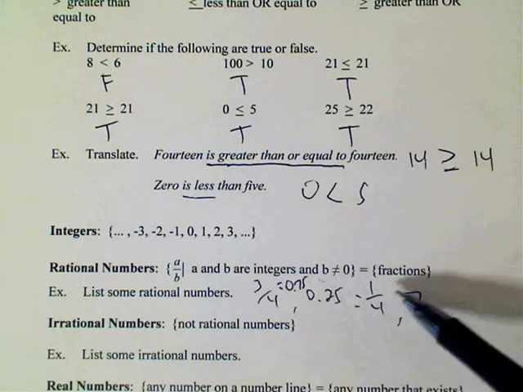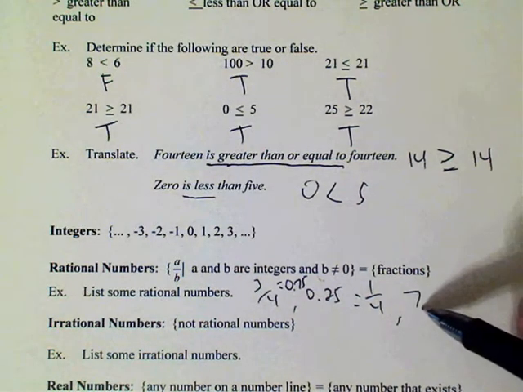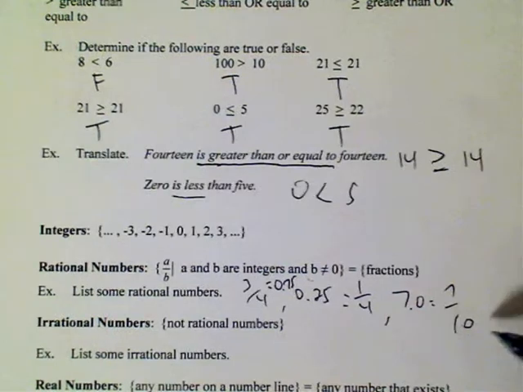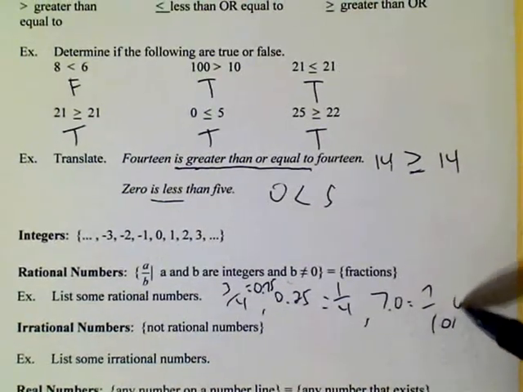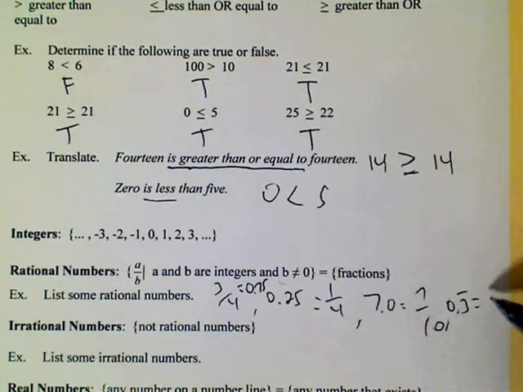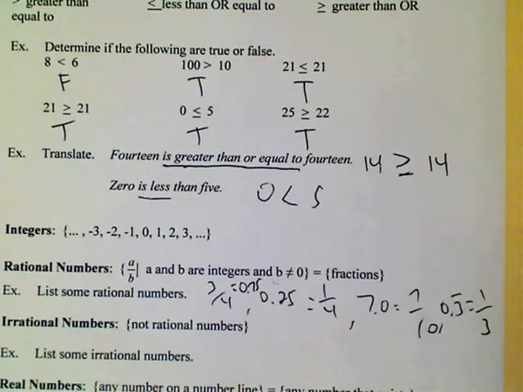It's also the same as 1/4. 7 is the same as 7.0. It's also the same as 7/1. Look at this number, 0.3 with a bar over it. 0.3 repeating is the same as 1/3 because its decimal repeats. So pretty much any number you see that doesn't have a funny symbol is a rational number, because it can be written in fraction form.